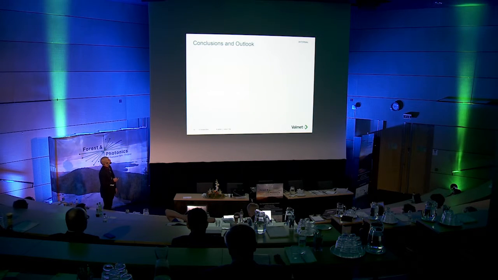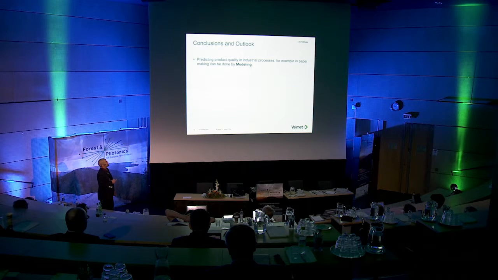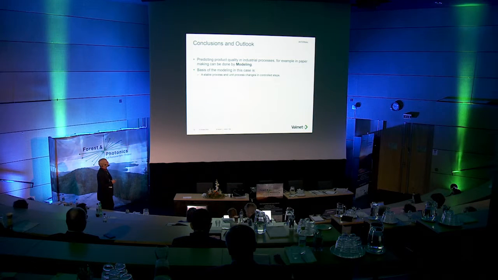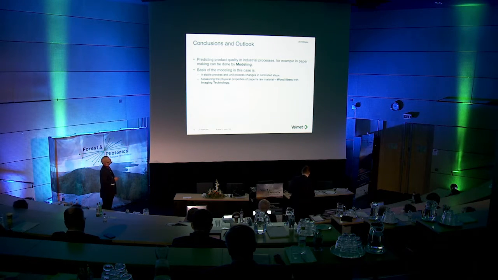And then conclusions. So predicting product quality, in this case paper strength, can be done by modeling, as I described. The basis of the modeling in this case is a stable process and unit process changes in control.